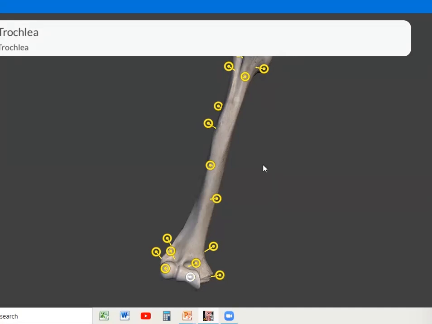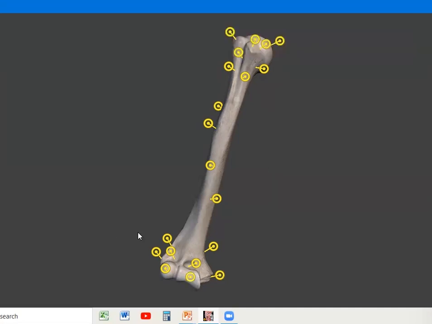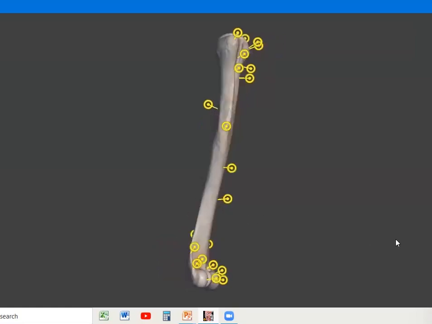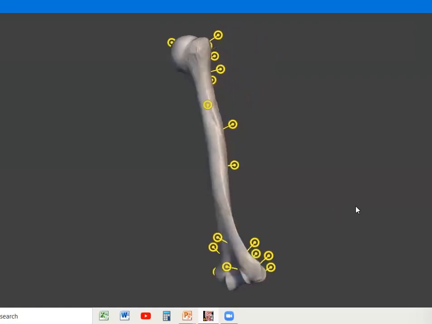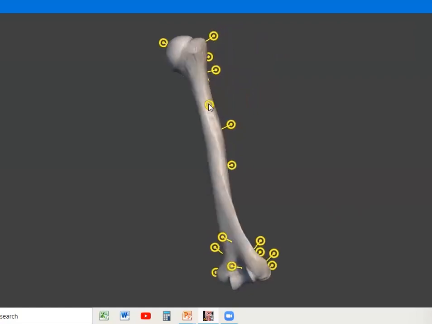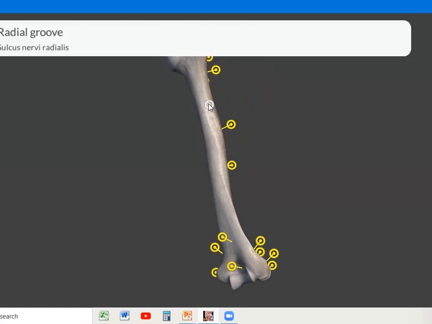Then we will see the posterior aspect of the bone, right? This is the posterior aspect. Then we will see the upper part of the posterior aspect. There is a radial groove for the radial nerve.